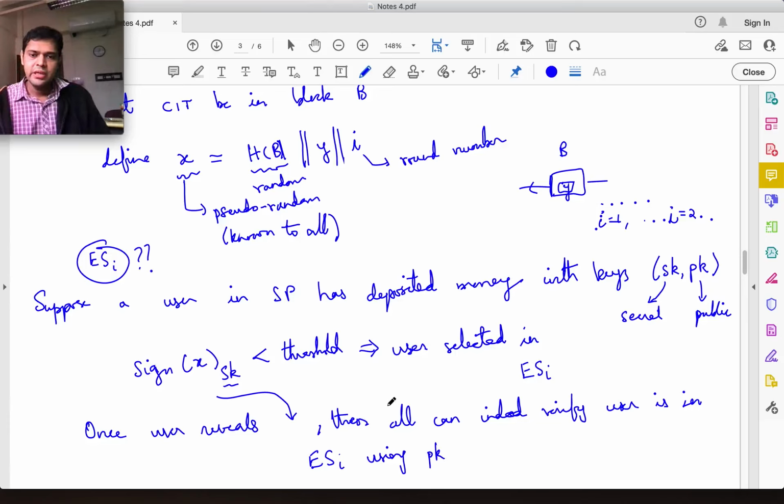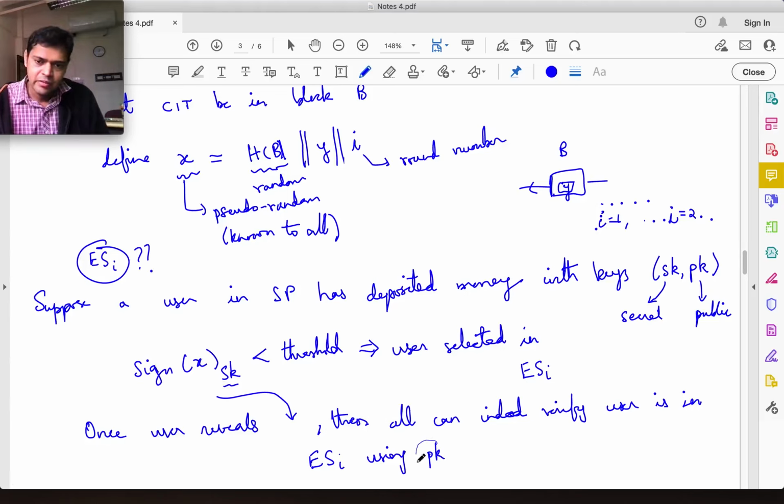Okay. So initially, before the user has submitted his solution, nobody knows that he is in the ES, so nobody can do a DoS attack on him, right? But at the same time, once he submits his solution, he can also submit this signature, and he can prove to other people that he is in the execution set.